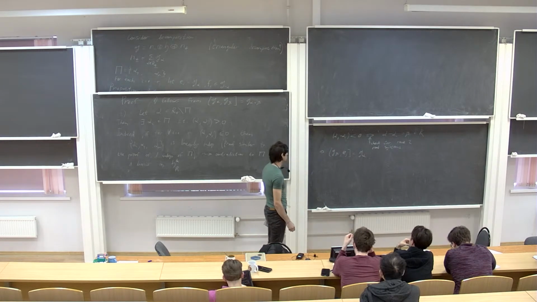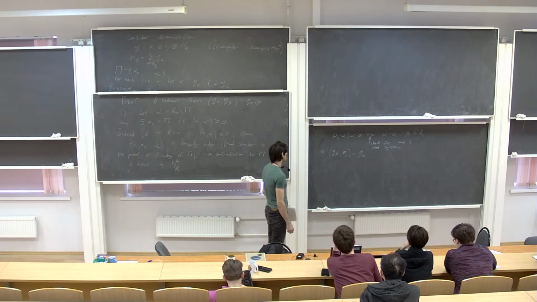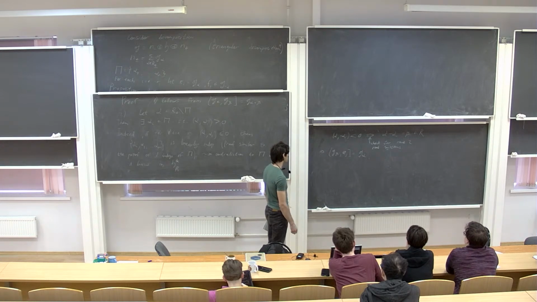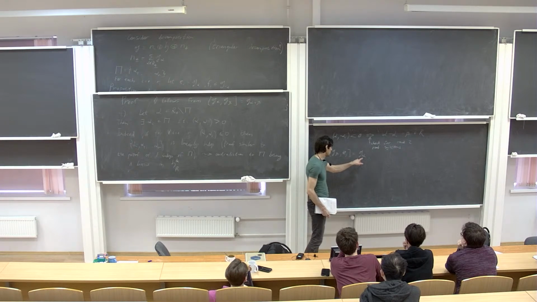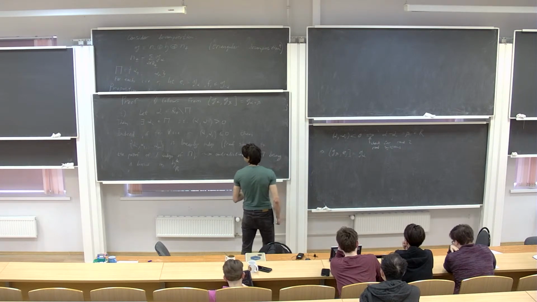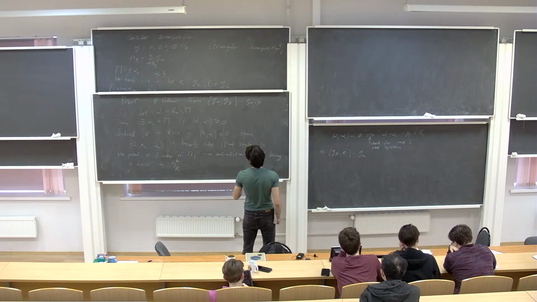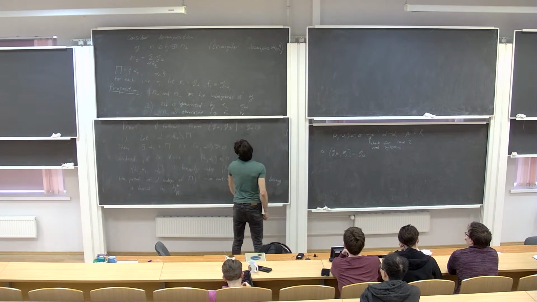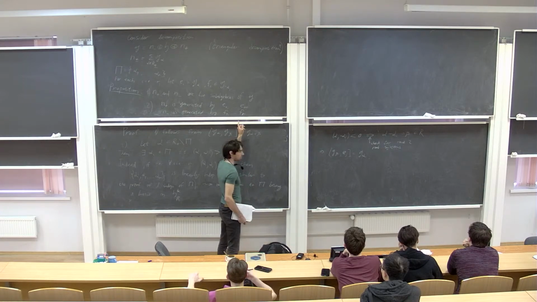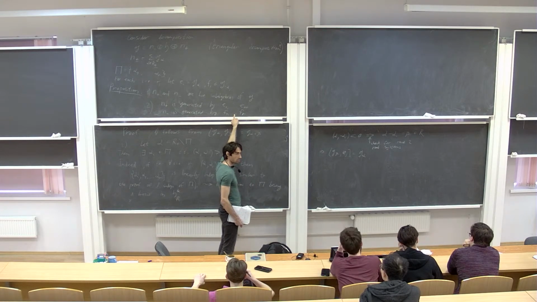Very well. But then I also need... so you see the logic here, right? I take some root alpha. What I would like to prove is, where is my proposition? That n plus and n minus are generated by these things, right?